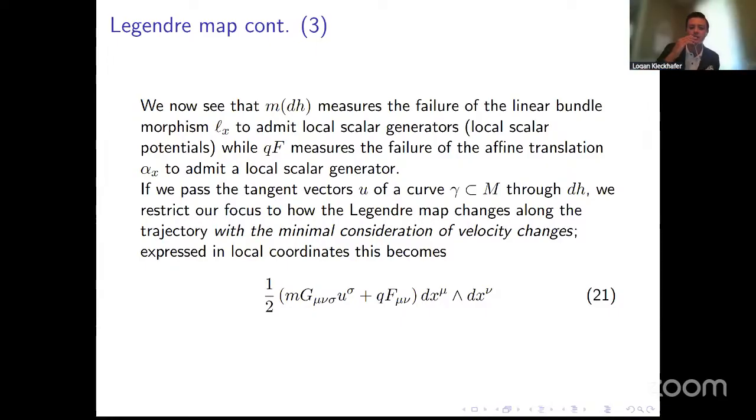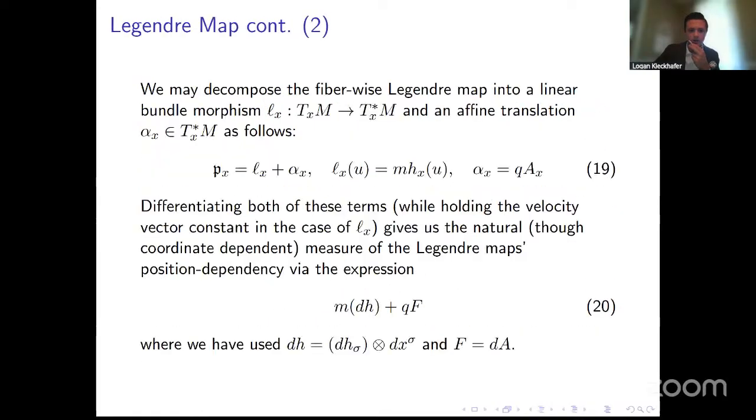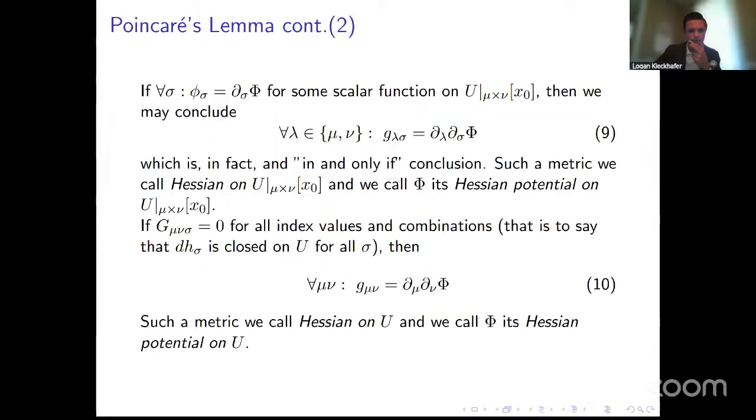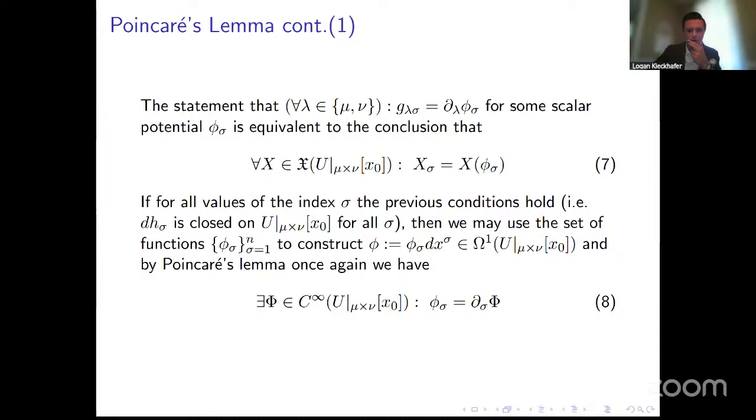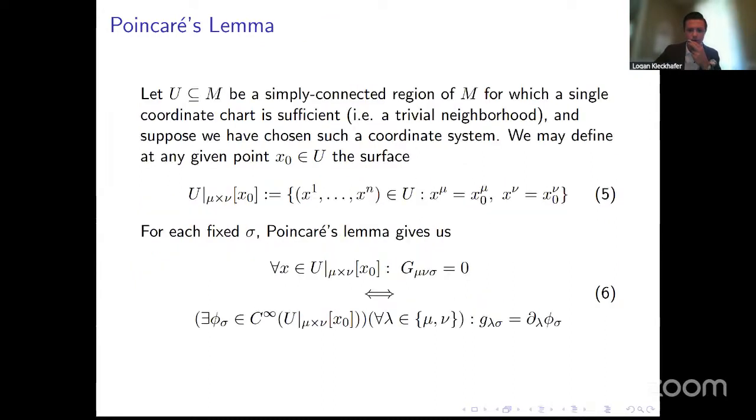This has to do with Poincaré's lemma. Down in equation 6, we noted that if a specific combination of G vanishes, that means we can write some of the metric components in terms of the derivatives of a potential or a generator, depending on which word you want to use.